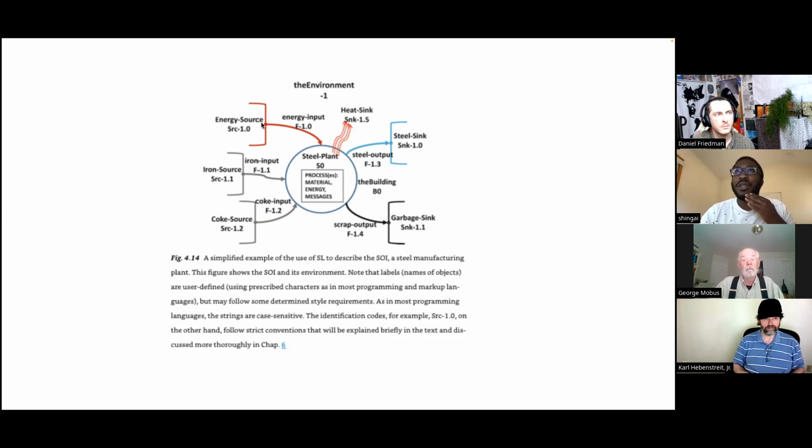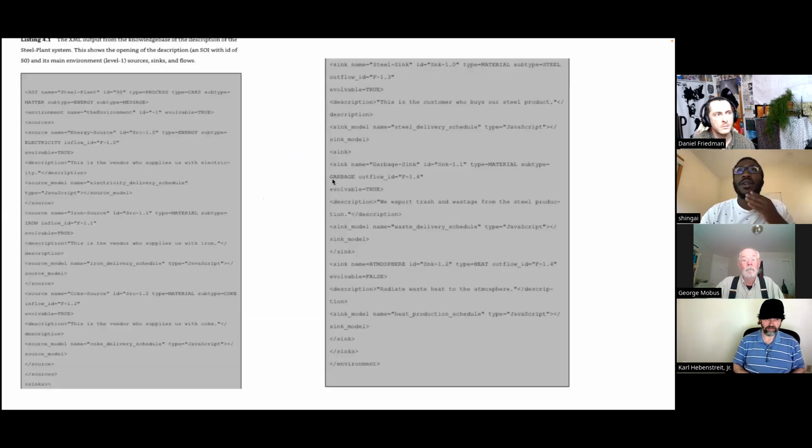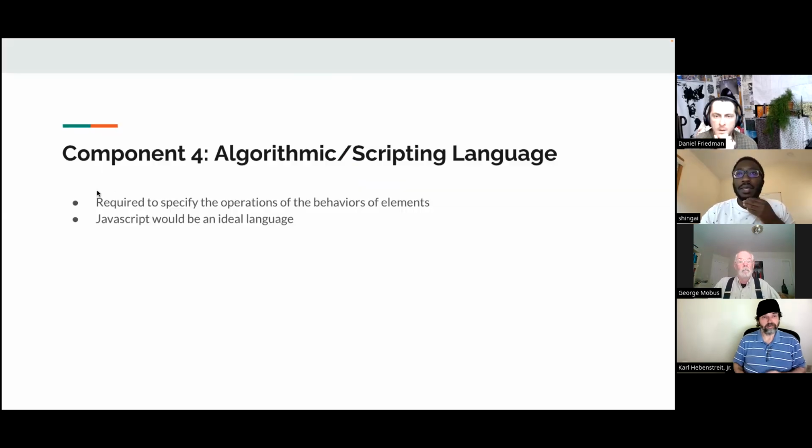You have various sources on the left and various sinks on the right. And so this is the graphical version. And then here is the XML output that is associated with that graphic. So you have the system of interest, you have descriptions, and this is what SysXML might look like in practice. Any notes there, George?